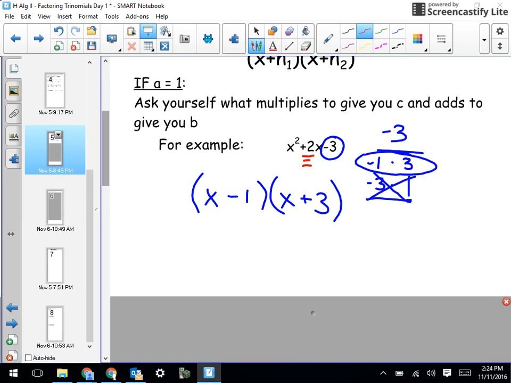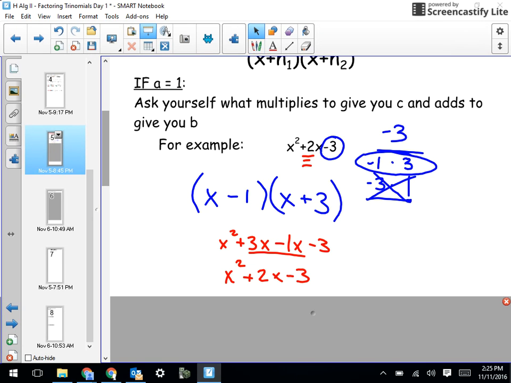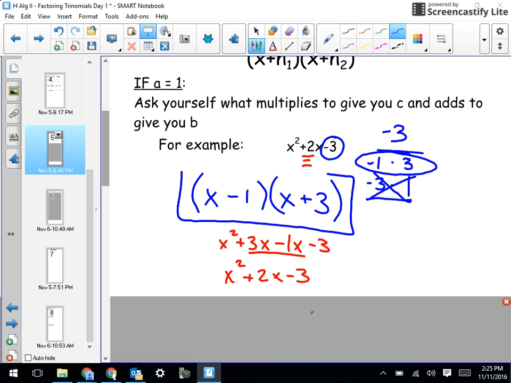First, x squared; outer, 3x; inner, -1x; last, -3. Put that all together: x squared plus 2x minus 3. Did I have what I started with? Yes, I did. So I know that this indeed is my factored version of that trinomial. So x minus 1, x plus 3. That's how I factor when A is 1.